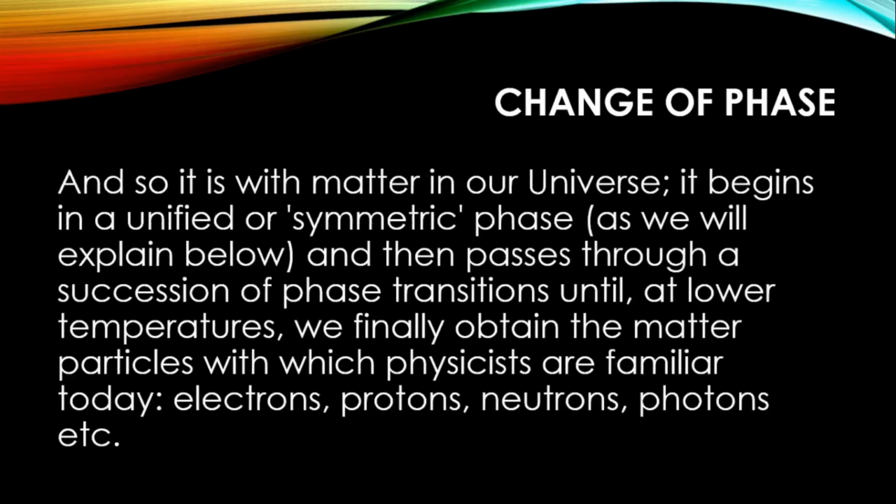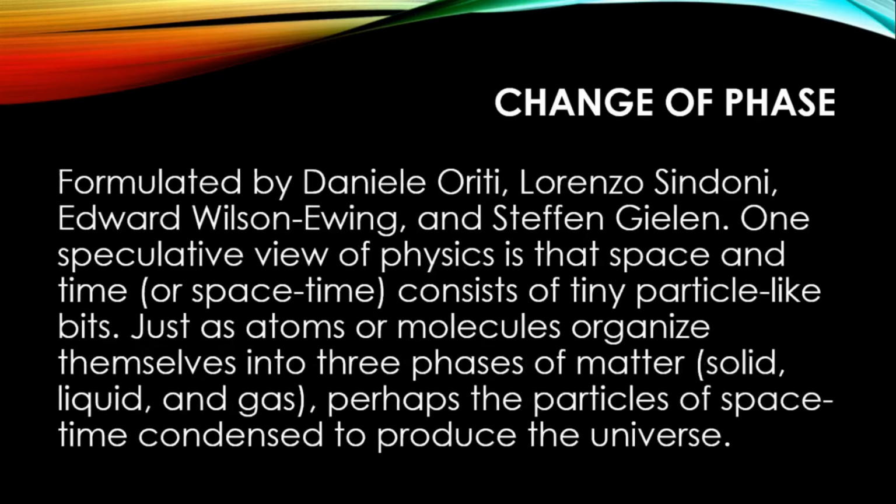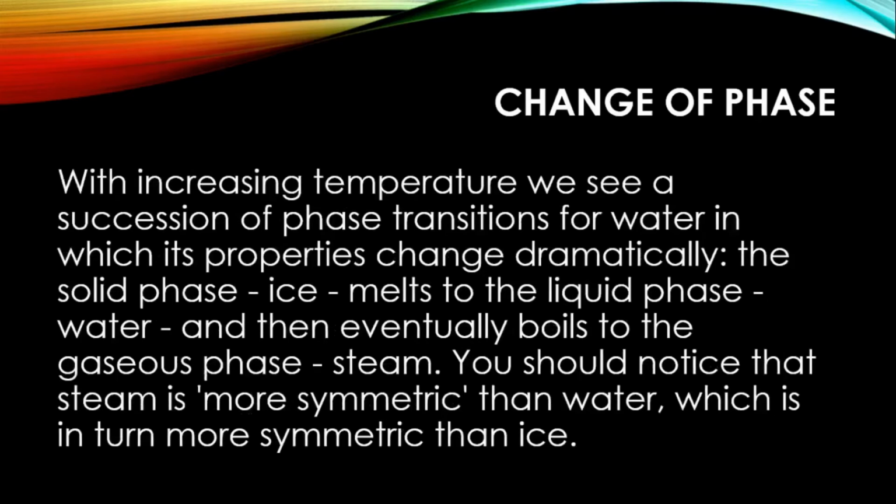So that's what happens to the universe as explained by Daniel, Lorenzo, and Ewing, as well as Stephen Galen. They said that the atoms or molecules organize themselves into three phases of matter: the solid, the liquid, and gas, and then perhaps the particles of space-time condense to produce the universe. So from a gaseous state, it condenses and forms the universe.